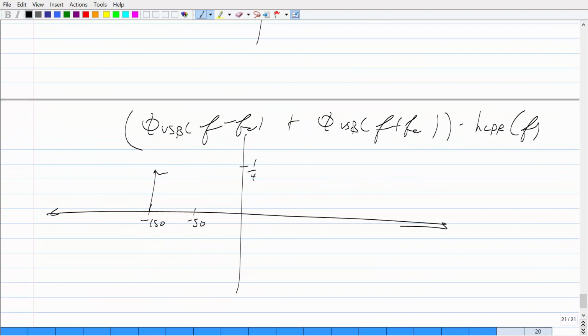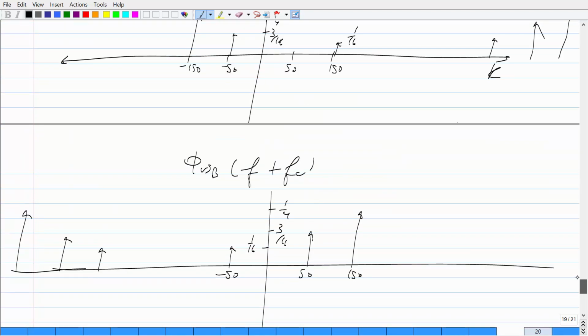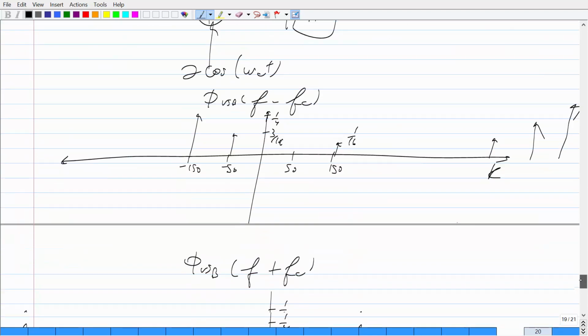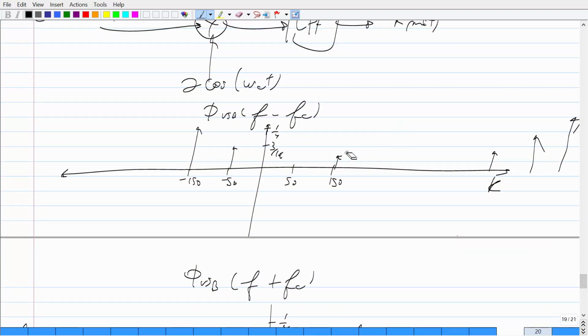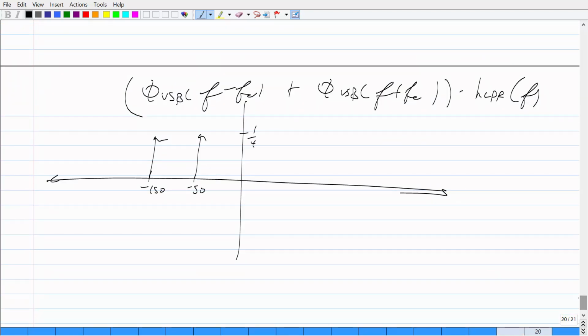Sorry, it should be over here, not at 150. At 50, 3/16 plus 1/16 again is 1/4. And then finally there's another one at 150 that's 1/4. So this is actually your message signal scaled by 1/4.